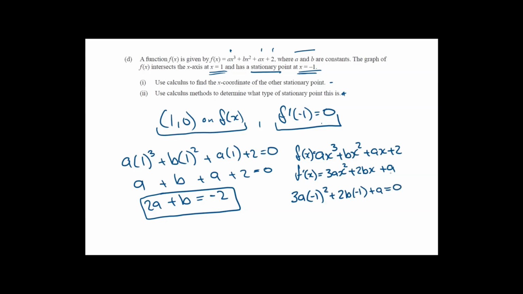So negative 1 squared is 1. So 3a minus 2b plus a equals 0. Now let's collect up the terms. So 3a plus a is 4a minus 2b is 0.